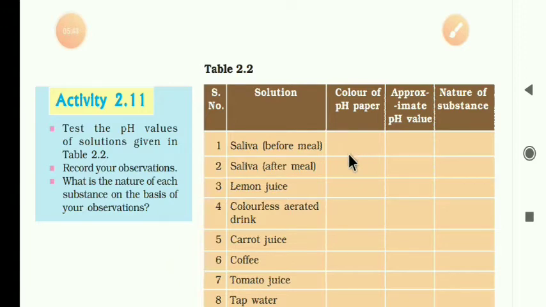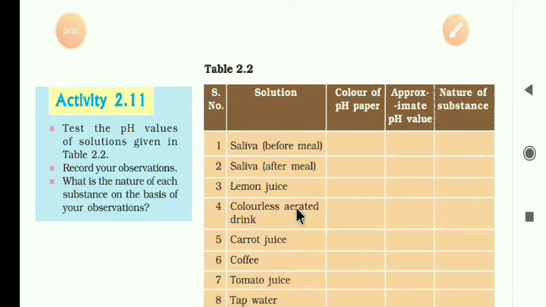Saliva after the meal is light yellow. Its pH value is 5.8 and acidic in character. Lemon juice, pink red. Its pH value is 2.5 and acidic.